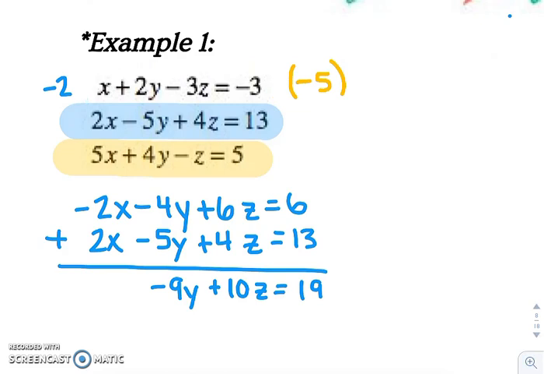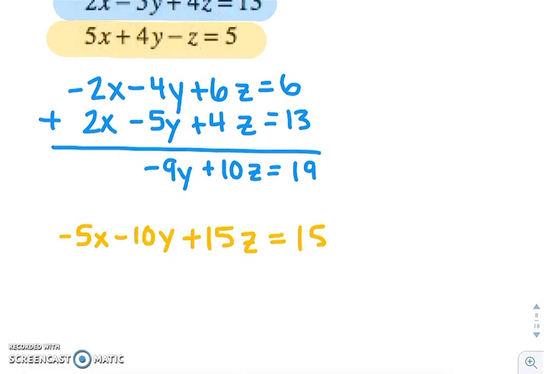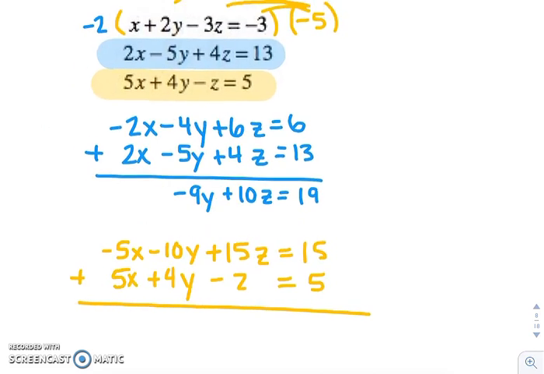So now we will multiply this in here to everything and get negative 5x minus 10y plus 15z equals 15, and we will add it to that original highlighted equation there. So your x's should go away.